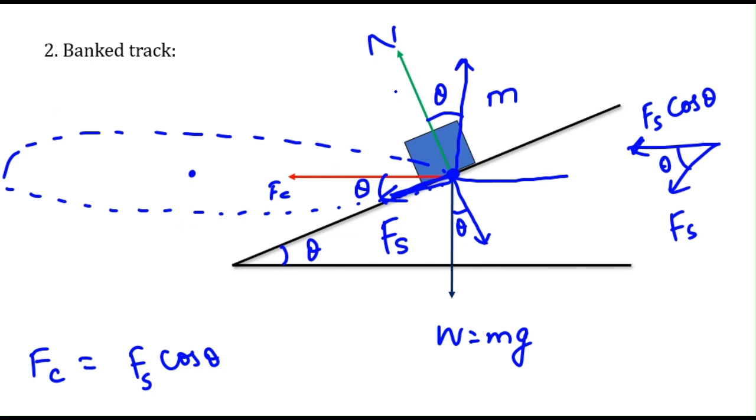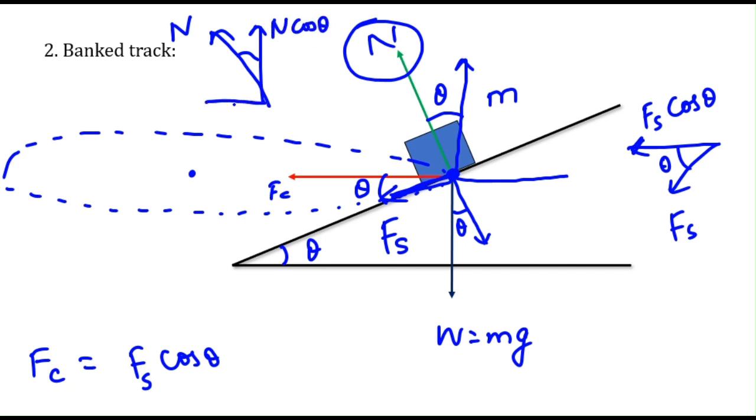Now, from this normal, there is a component of normal which is also contributing to this centripetal force. If this normal is making theta with the vertical, the vertical component will be N cos theta, but the horizontal component here will be N sin theta. So the centripetal force has a contribution from this N sin theta also.